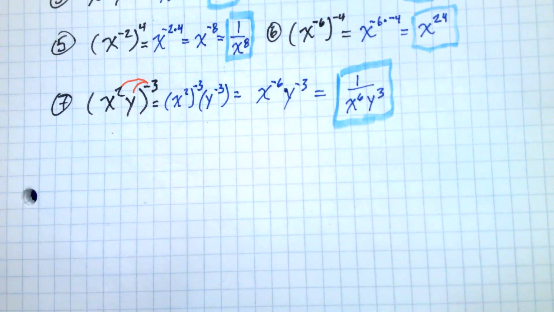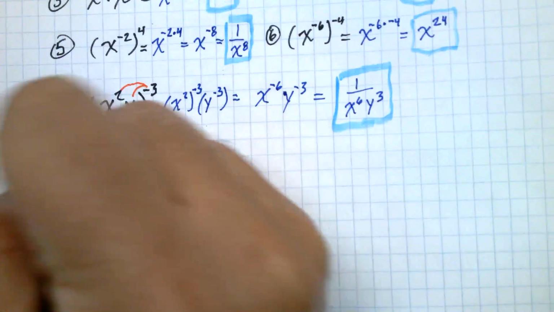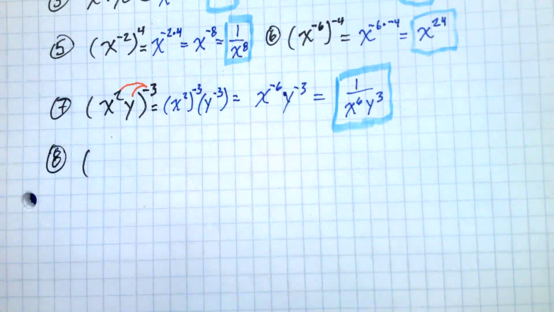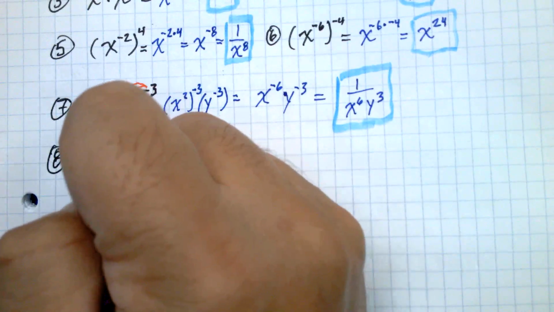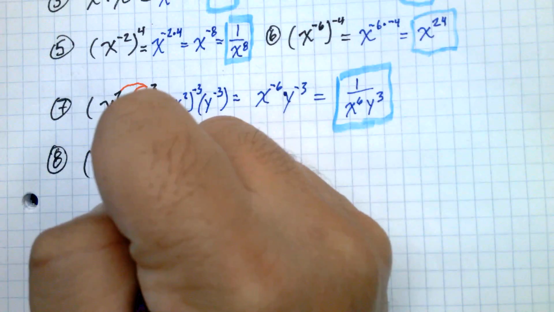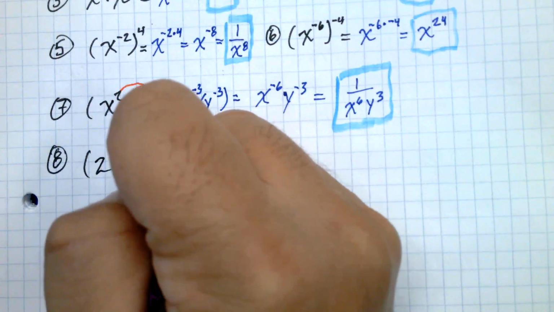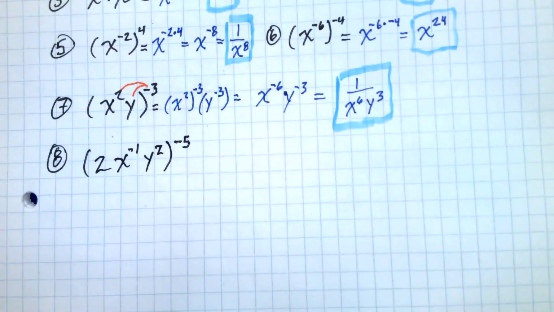Okay. So on to number 8. Okay. Let's do 2x to the negative 1 y squared to the negative 5th power.